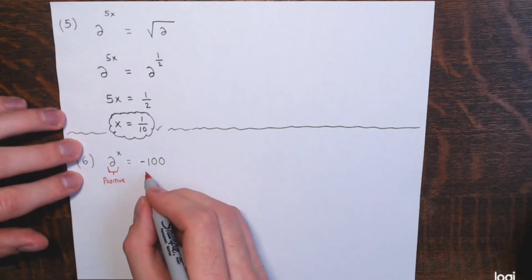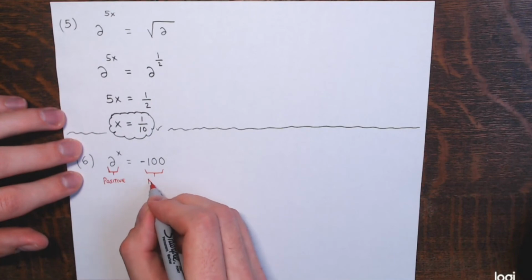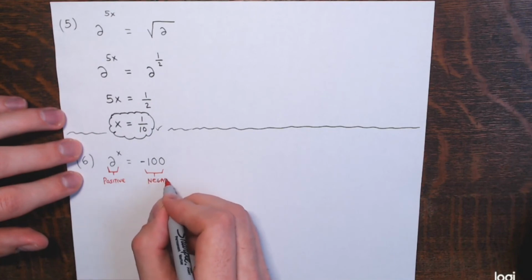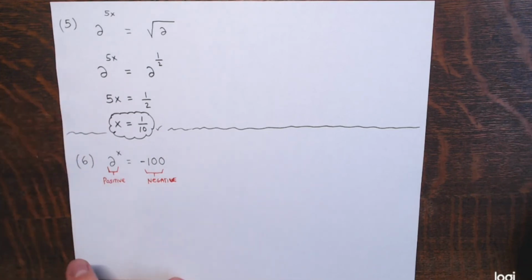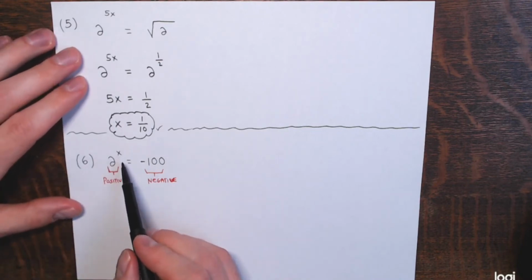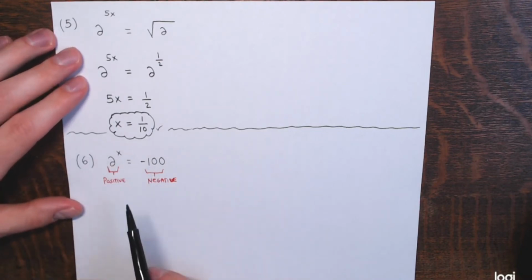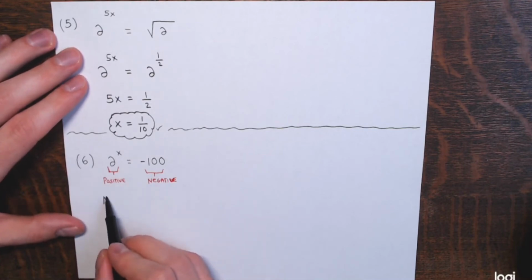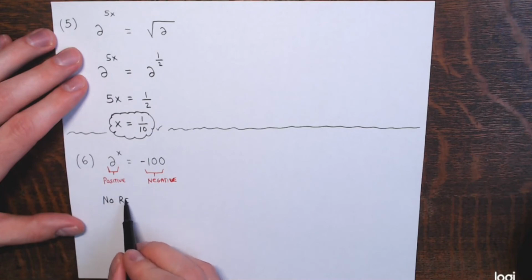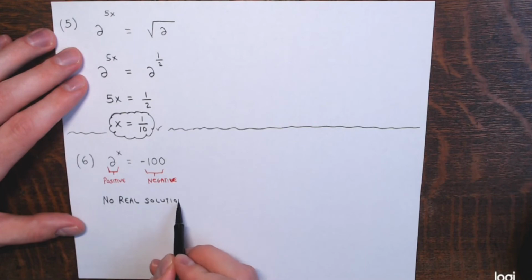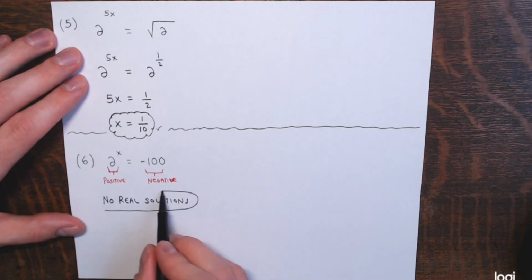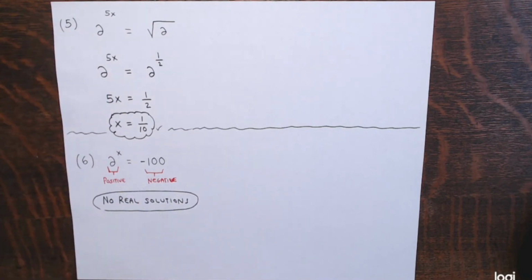But the right side is a negative number. So this will never happen. You can plug in any real number for x you wish, and this will never be true. A positive number will never be equal to a negative number. So this has no real solutions. Or you could say the solution set is the empty set.